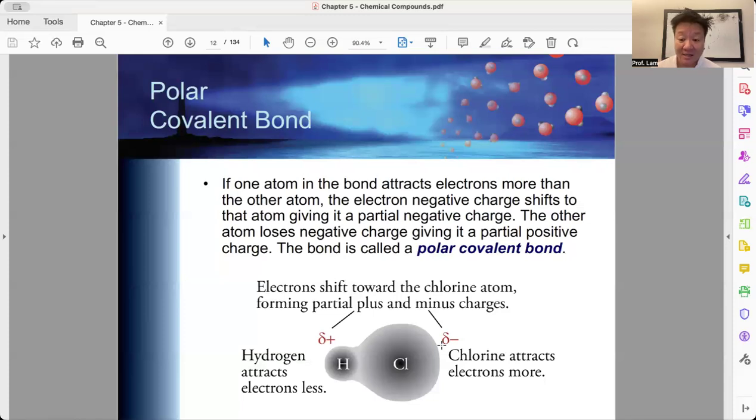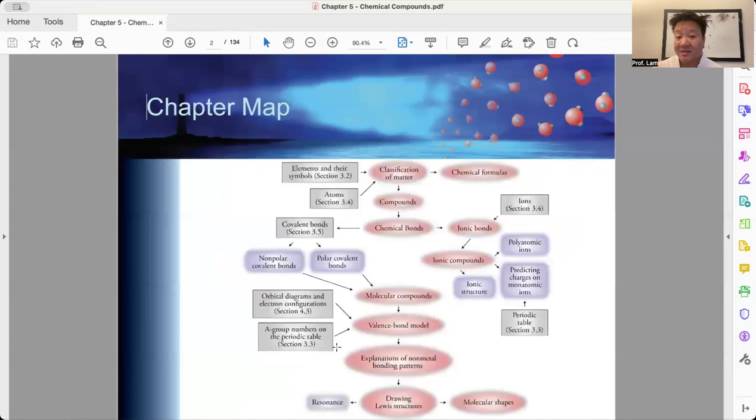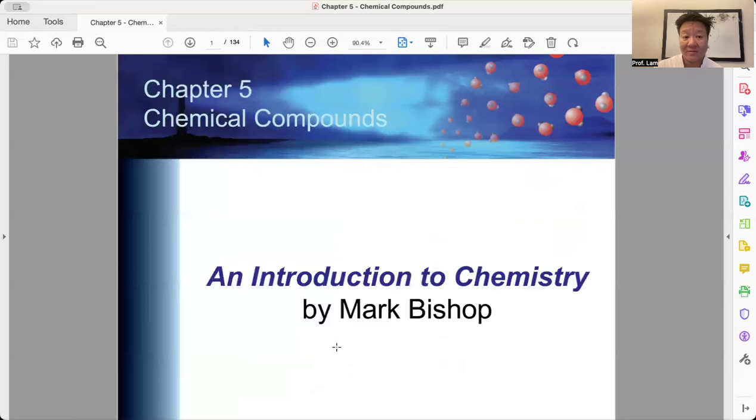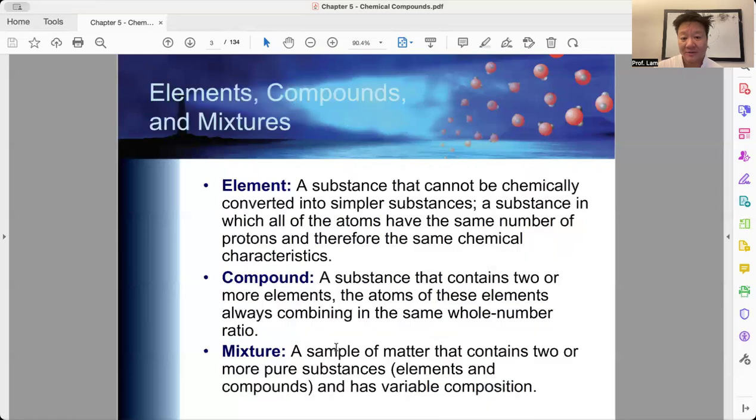The chlorine is clearly hogging the electron density. That's why you also see the electron cloud shifted towards the chlorine, and less towards the hydrogen. So the hydrogen now has a delta positive, meaning a partial plus, because it's deprived of electrons.